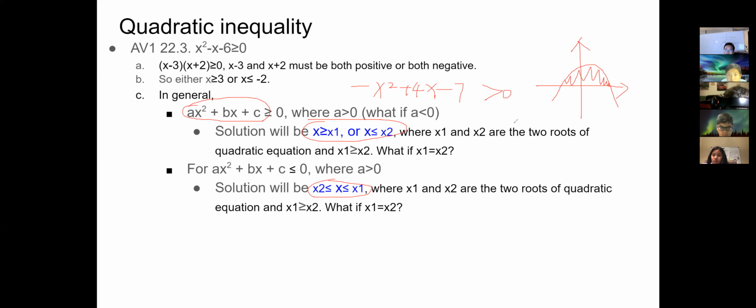Who is talking? Just one person talking, please. Ethan. No, I can't hear you. Ethan. Okay, Ethan, what do you say about what to do with this one? So will the inequality sign change when it's negative on both sides?